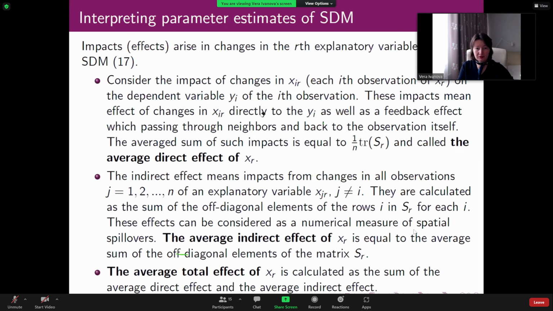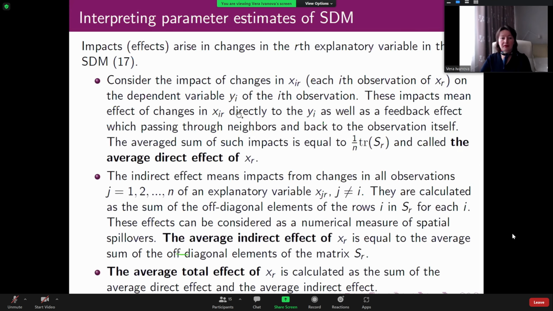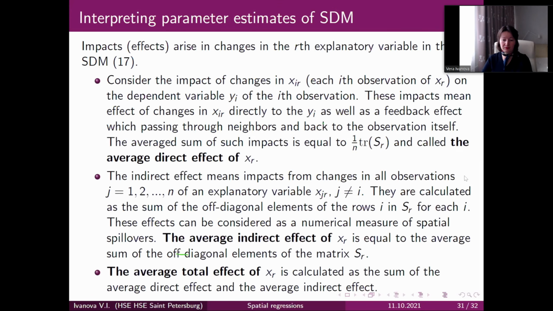And in spatial regression models, to interpret parameter estimates of regressions with spatial lag of a dependent variable, the most common interpretation is as follows. The impact of changes in the explanatory variable is split into two effects, direct effect and indirect effect.